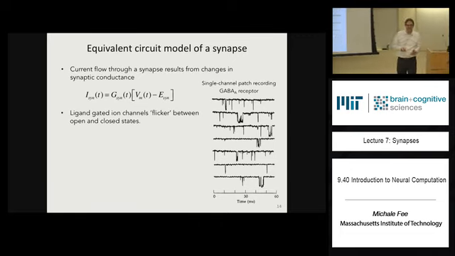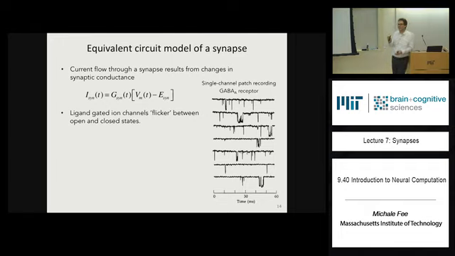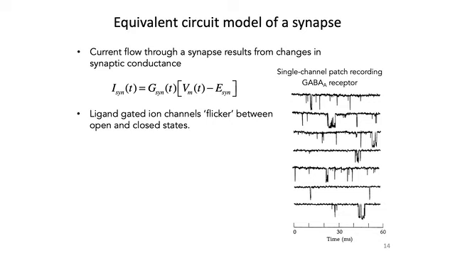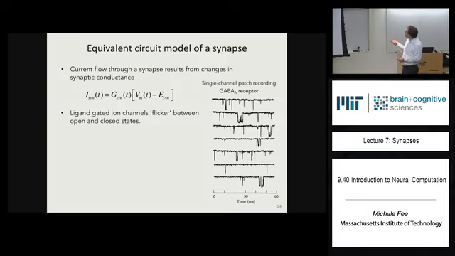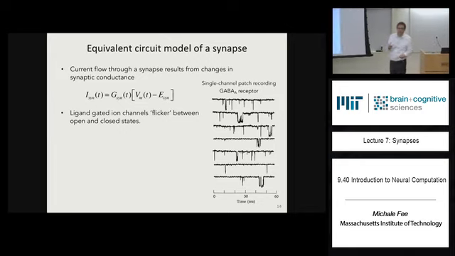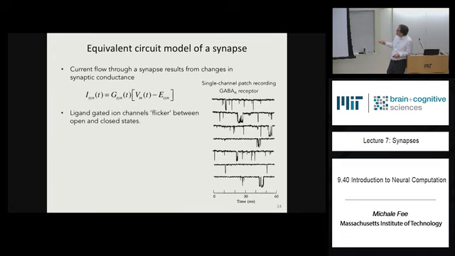You can stick it on a neurotransmitter receptor. You can flow neurotransmitter over the receptor, okay? And what you see is that when you put the neurotransmitter on, just like sodium and potassium channels, it flickers between an open state and a closed state, okay?